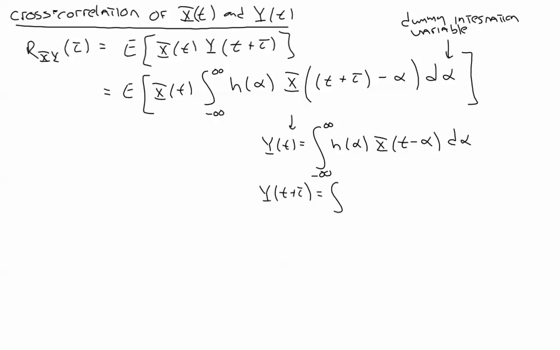So I just plug in t plus tau everywhere I had a t. That's all I do. x of t is delayed, but the impulse response is not. That's what this is all about.